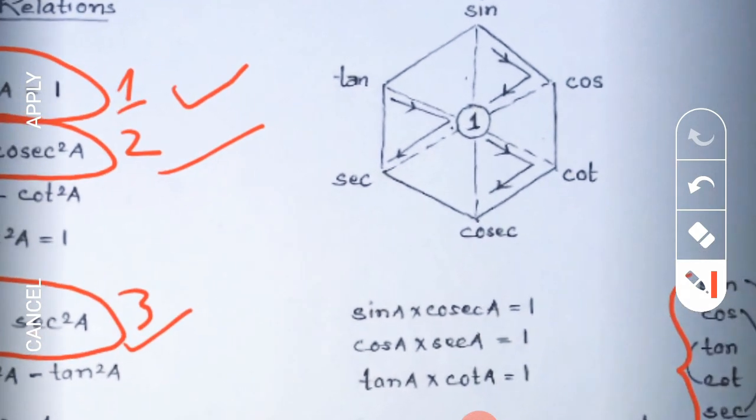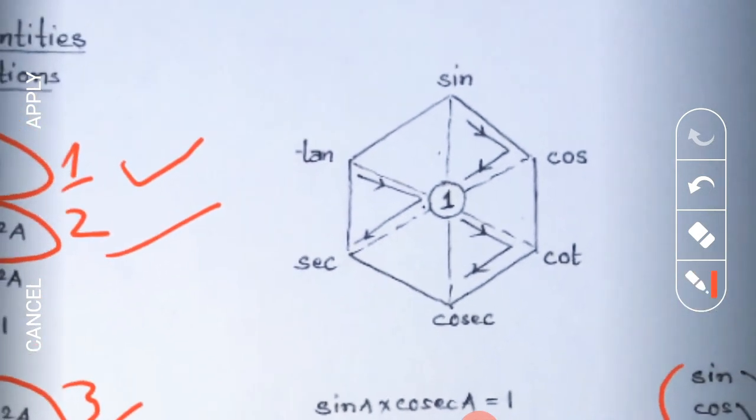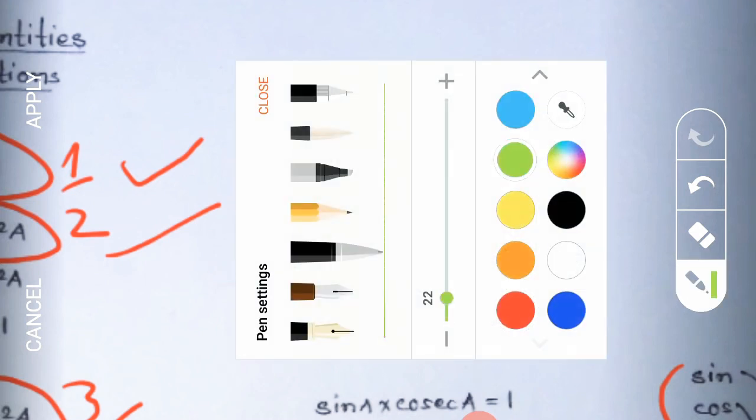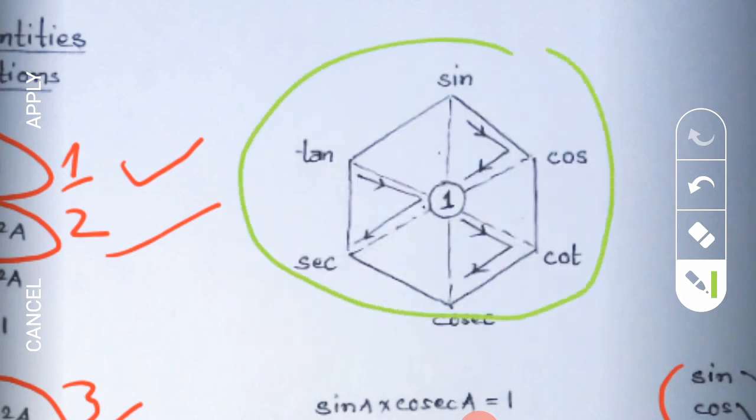And see, these 3 identities we can easily keep in our mind. For that, you must have the knowledge of the super hexagon. I already explained it in the class, but I would like to explain once more. So this is our super hexagon. What is the thing you need to keep in your mind? You will have to write tan here first.